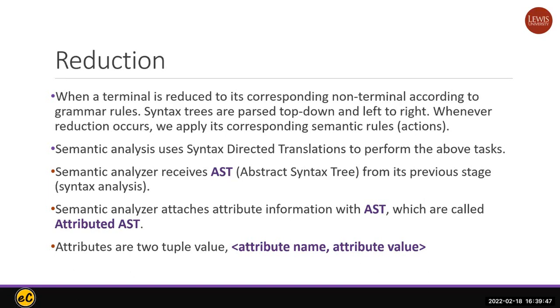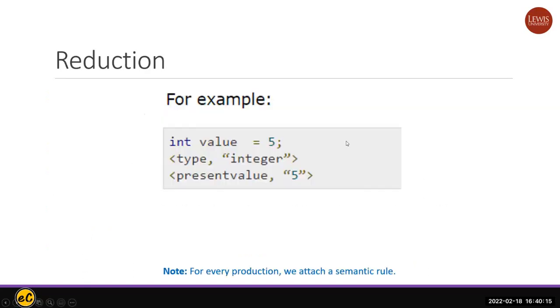The second part of the parser uses the tree with the attribute grammar to generate the so-called attributed tree, or decorated tree, or attributed semantic graph. Okay, so attributes are two-tuples. There is an attribute name and an attribute value. For example, it can be type integer and the present value 5.